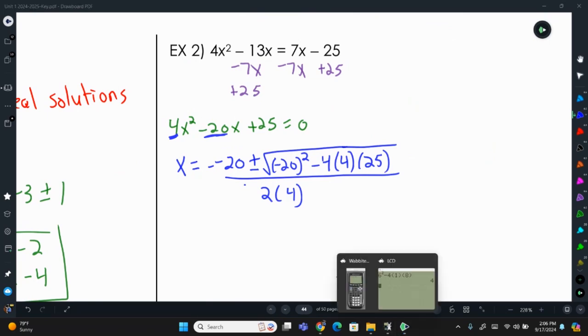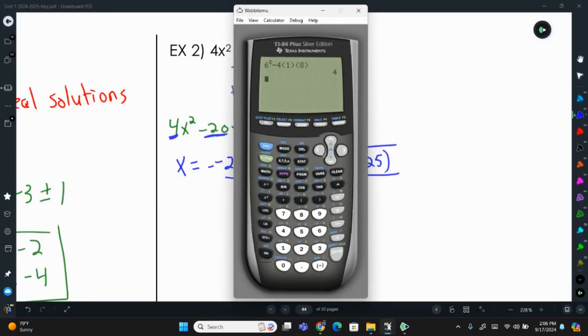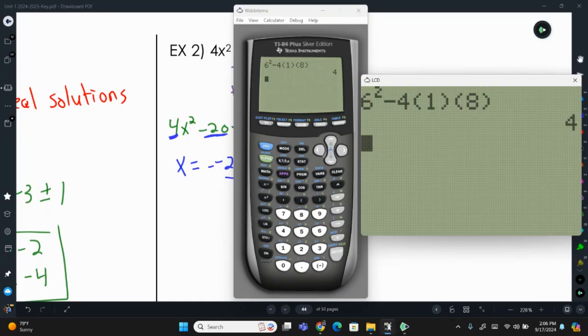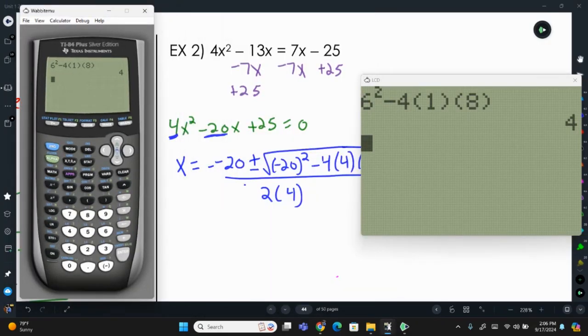So if we type that discriminant into the calculator, parenthesis, negative 20 squared minus 4 times a, which is 4, times c, which is 25, and we get 0.